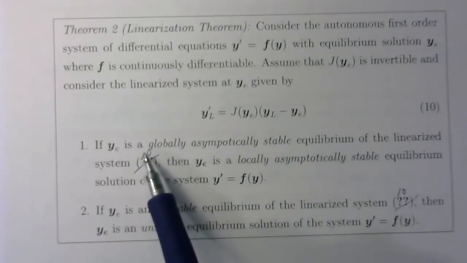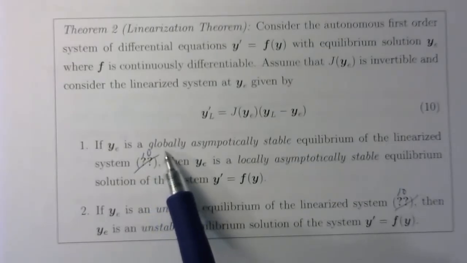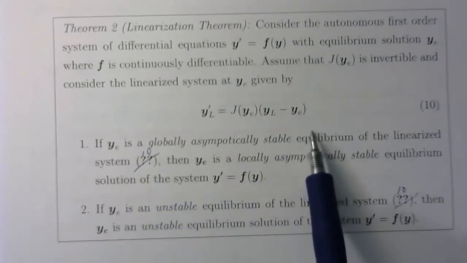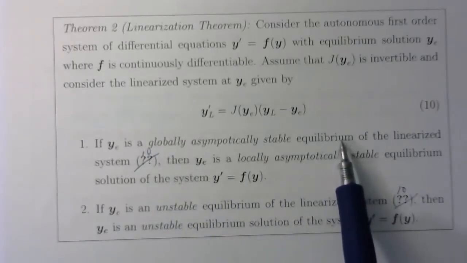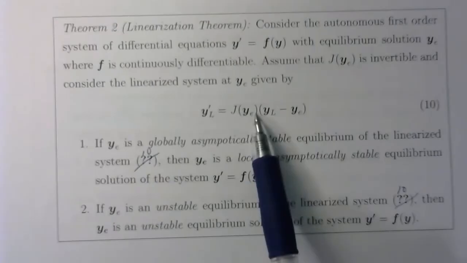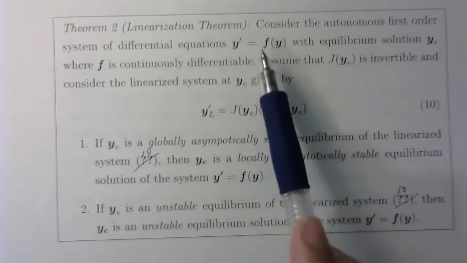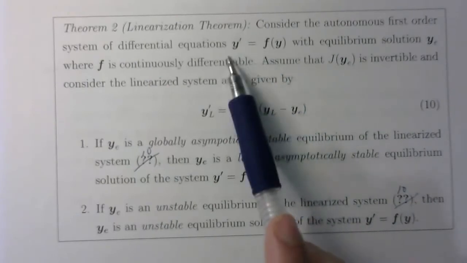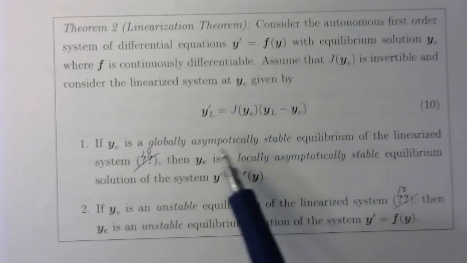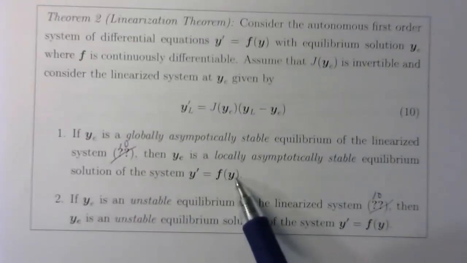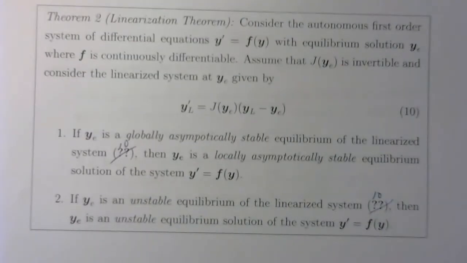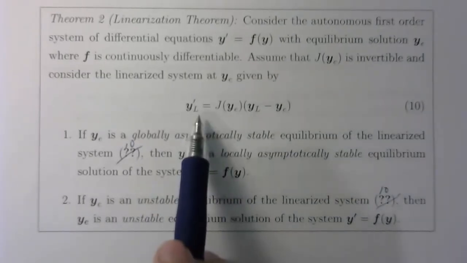So if we have a globally asymptotically stable equilibrium of the linearized system here, then that same equilibrium is going to be locally asymptotically stable for the nonlinear system. We can't talk about global because this nonlinear system could have other equilibria, right? There could be other things going on. And this is only linearizing, it just gives you a local approximation of what's happening.